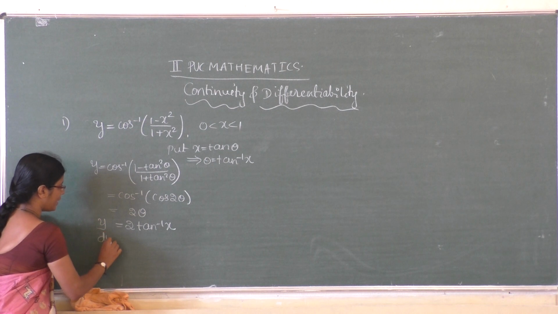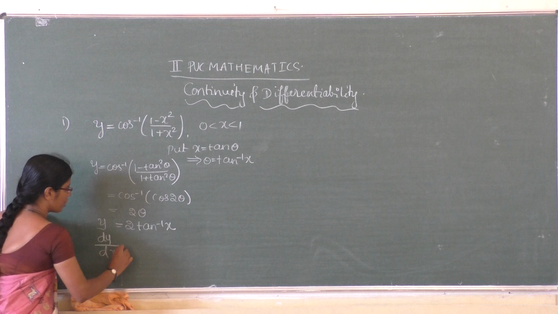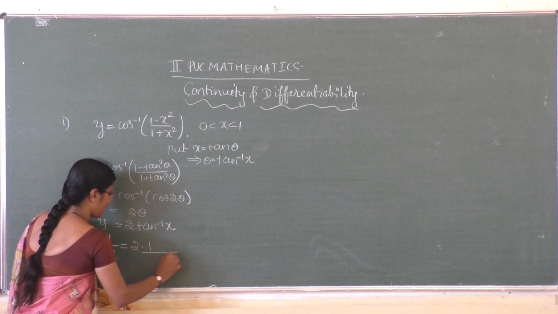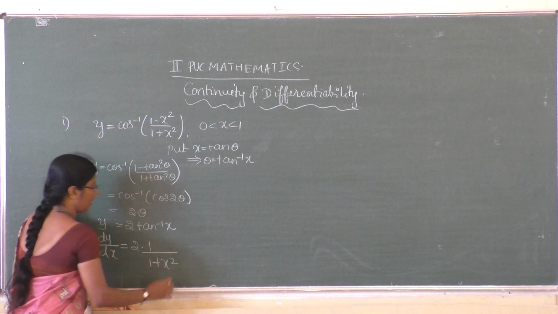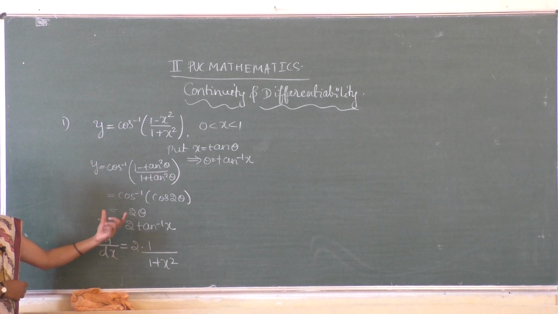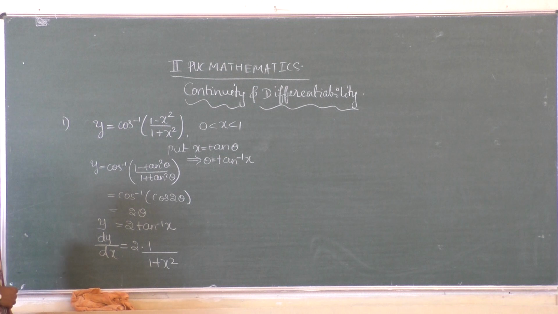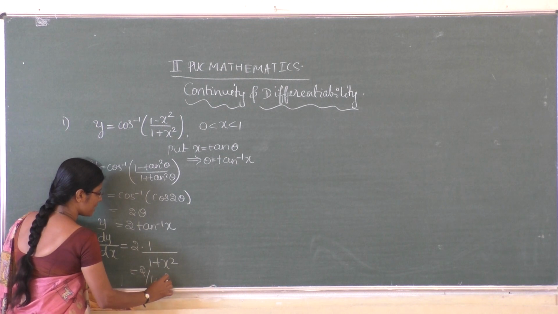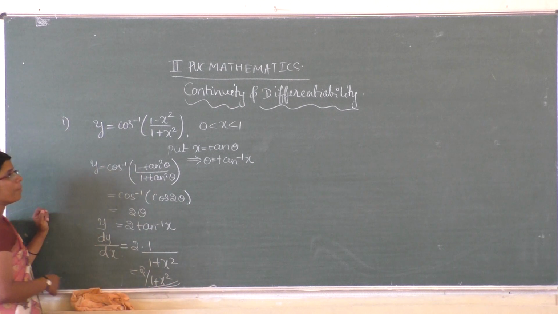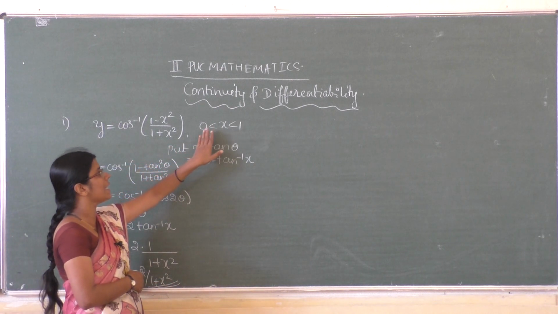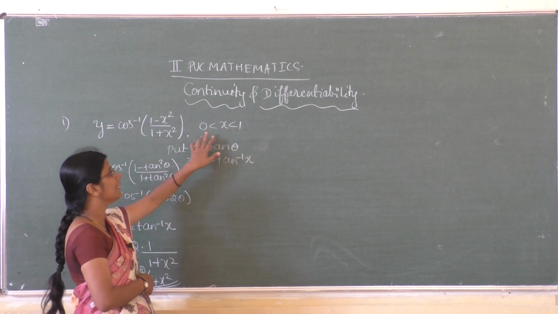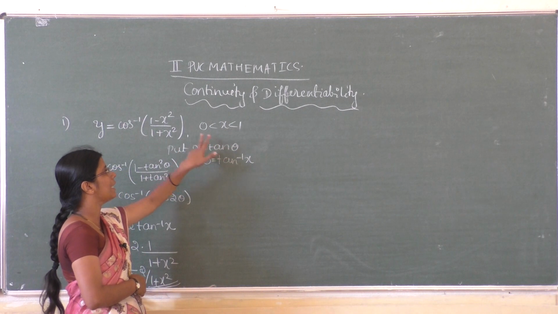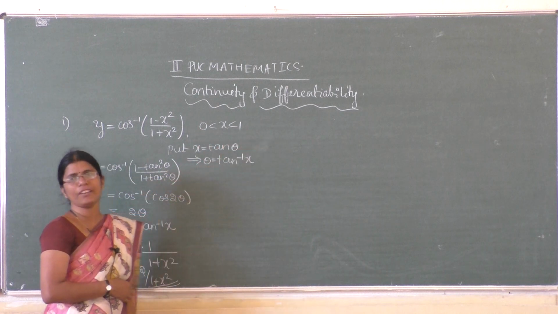Now differentiate this with respect to x. So dy by dx is equal to 2 into the derivative of tan inverse of x, which is 1 by 1 plus x square. So this is equal to 2 by 1 plus x square. Because x is greater than 0 and less than 1, tan theta is greater than 0 and less than 1, which implies theta is greater than 0 and less than pi by 4.